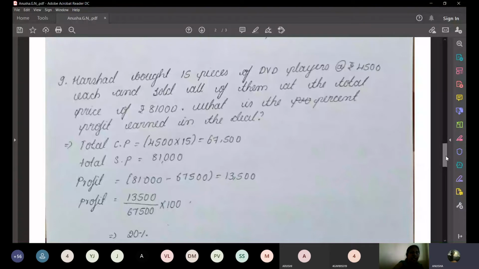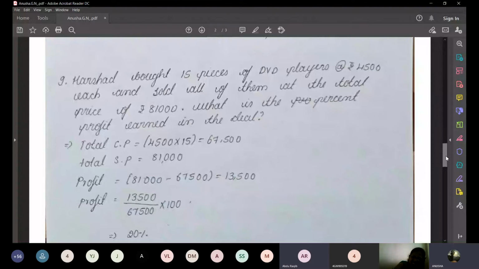See the problem and just explain it. Each DVD costs 4,500. There are 15 DVDs, so we need to multiply. We get 67,500. So the total investment to purchase 15 DVDs is 67,500 rupees. Yes, that is the original cost.